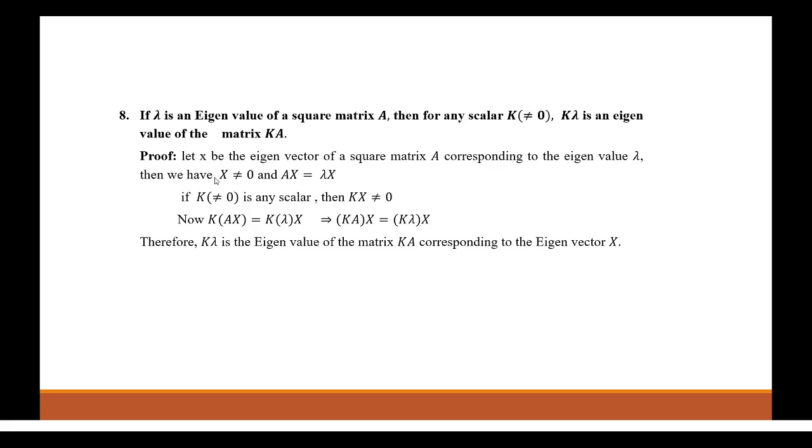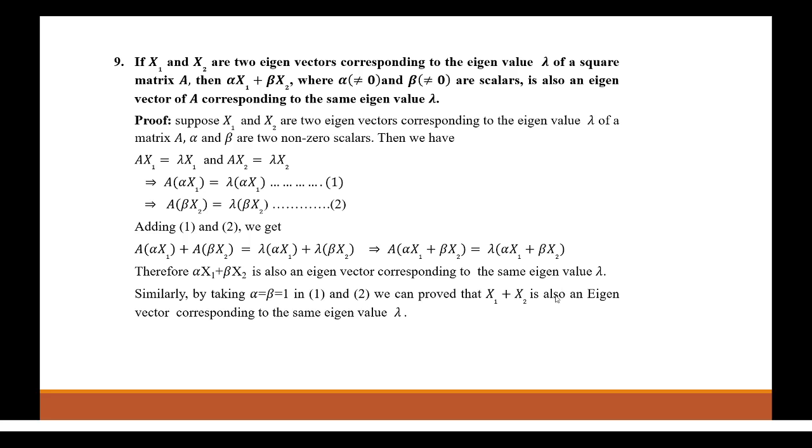Then we have x is not equal to 0 and Ax is equal to lambda x. Here k is a scalar, k is not equal to 0, then kx is also not equal to 0. Then it will become k Ax is equal to k lambda x, which can be written as kA of x is equal to k lambda of x. Therefore, k lambda is the eigenvalue of the matrix kA corresponding to the eigenvector x.